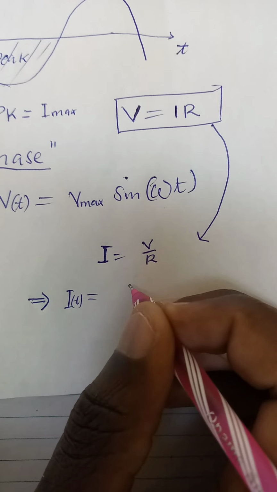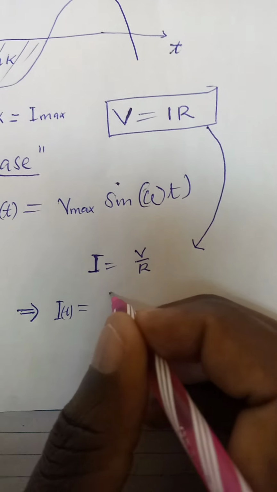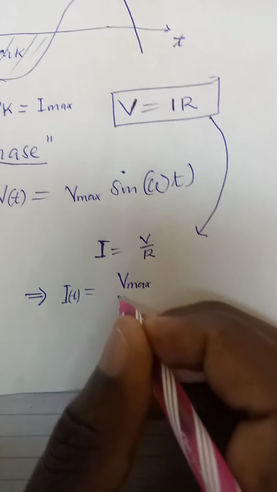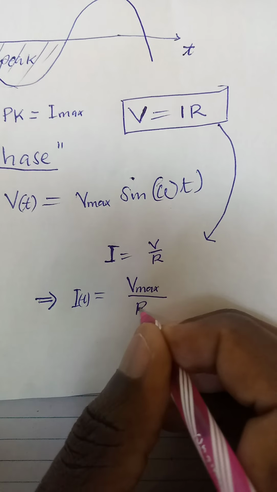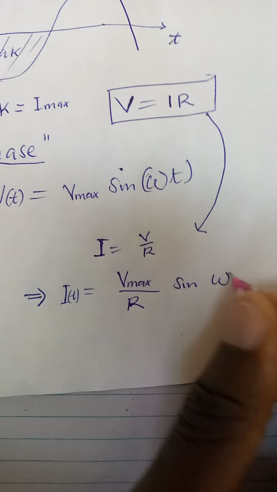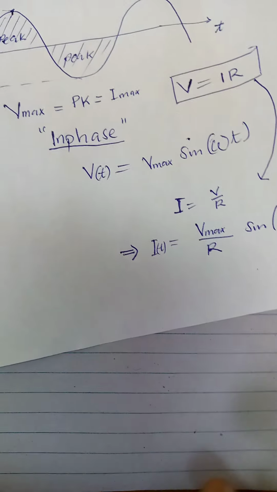Where is V? I'm going to replace it here. So I'm going to say Vmax over R multiplied by sine omega t, like this. So this is what it means.